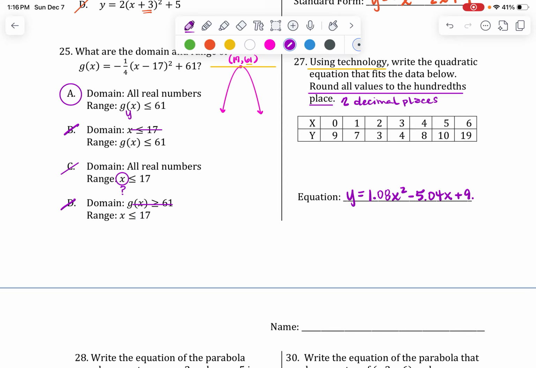Now on Desmos it says 9.595, where the third 5 would round the 9 up to a 0. So this would actually go up to 9.6. And there you have it, the best fit quadratic for that data.